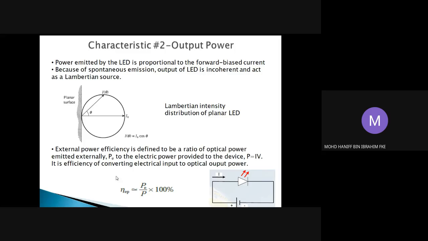The external power efficiency is defined as the ratio of the optical power emitted externally, which is the PE, power emitted, to the electrical power provided to the device, P equals IV.